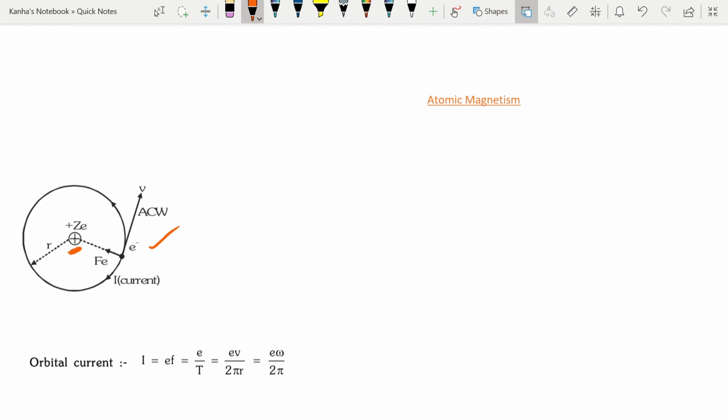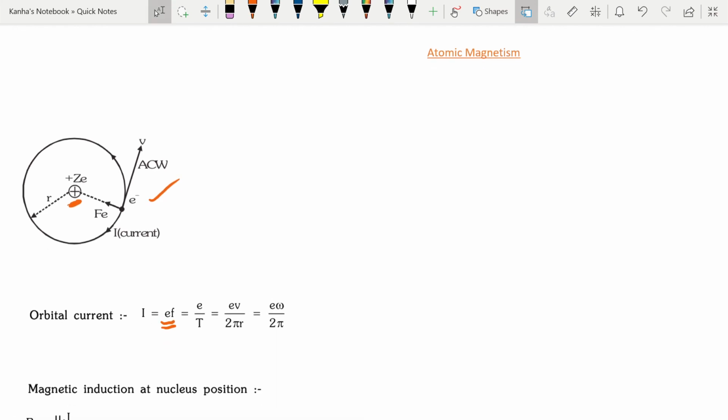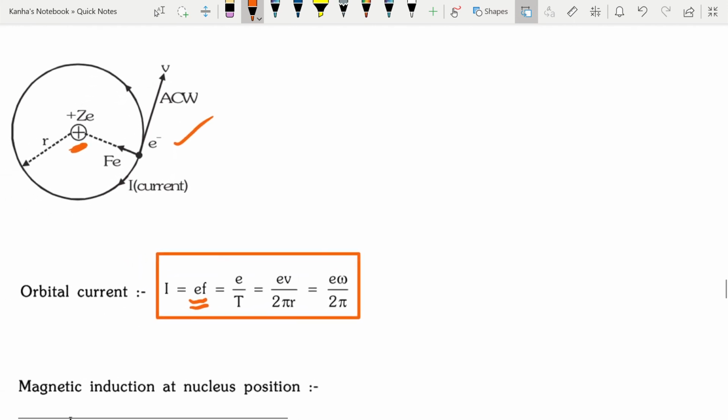The current is given by the electronic charge E into the frequency of motion, because frequency has units of 1 by T. So you have I equal to E times F, which is nothing but E by the time period. This turns out to be equal to E into omega by 2 pi. So when the electron is moving in orbits around the center, there's an orbital current associated with it.